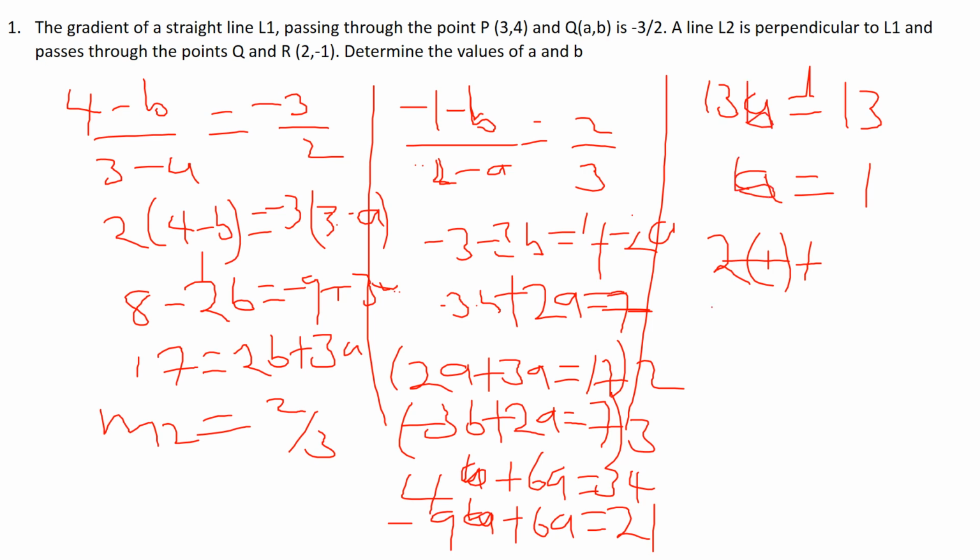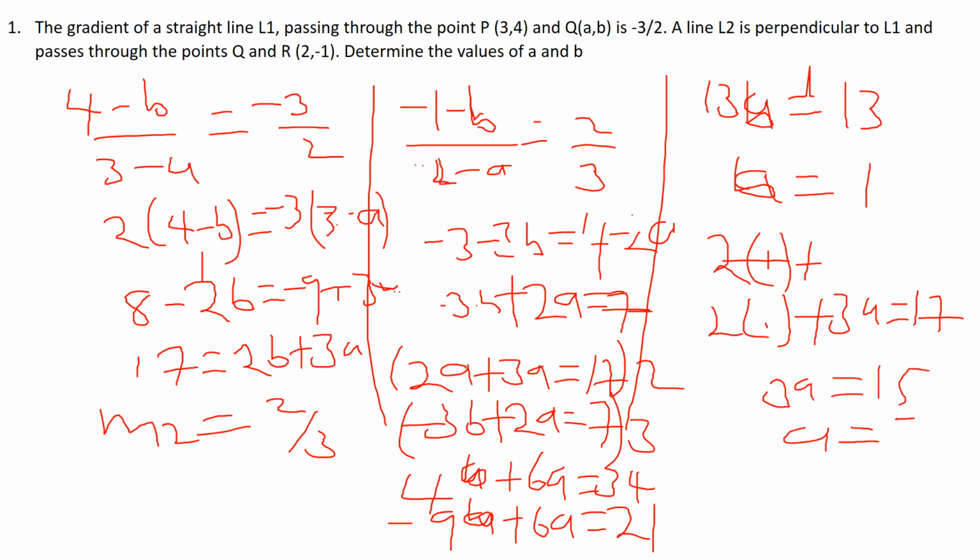So I'll have 2, then multiply by 1, then plus 3a is equals to 17. And then in this case, my 3a is equals to 15, and then my a is equals to 5. So my point Q will be equivalent to 5 and then 1. So that is how you can get that point. And then we can go to the next question.